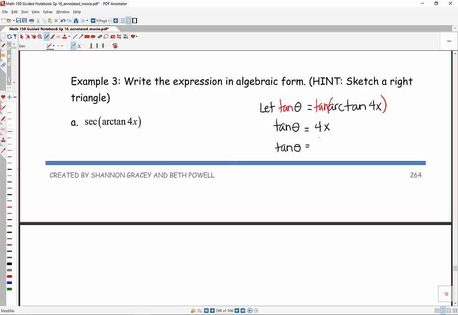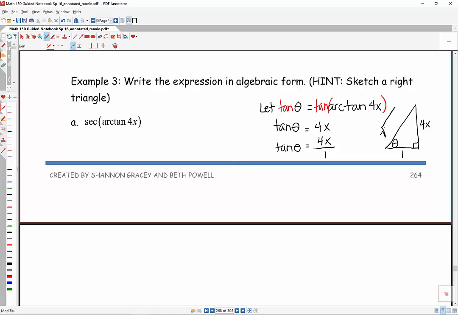So when you make your right triangle here, we have our angle theta, and the tangent in right triangle trig is the side opposite the angle over the side adjacent. And using just the Pythagorean theorem, this will give us the square root of 16x squared plus 1.